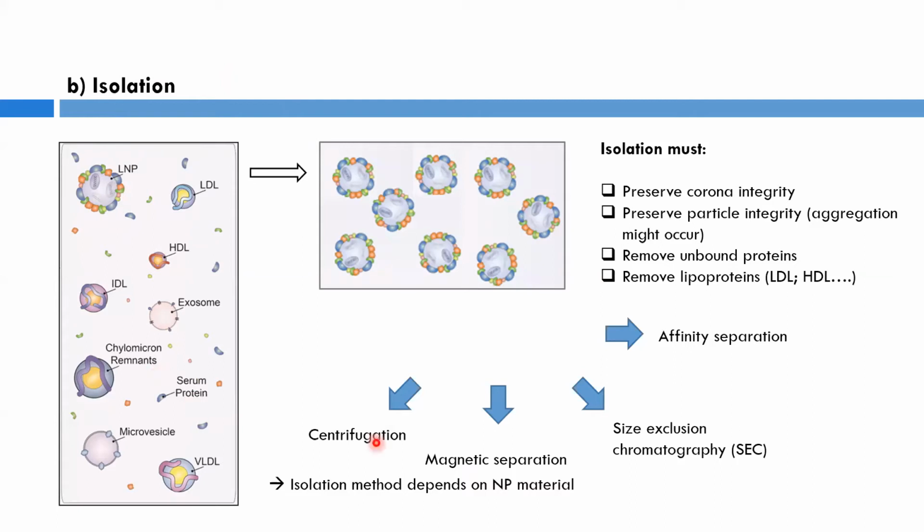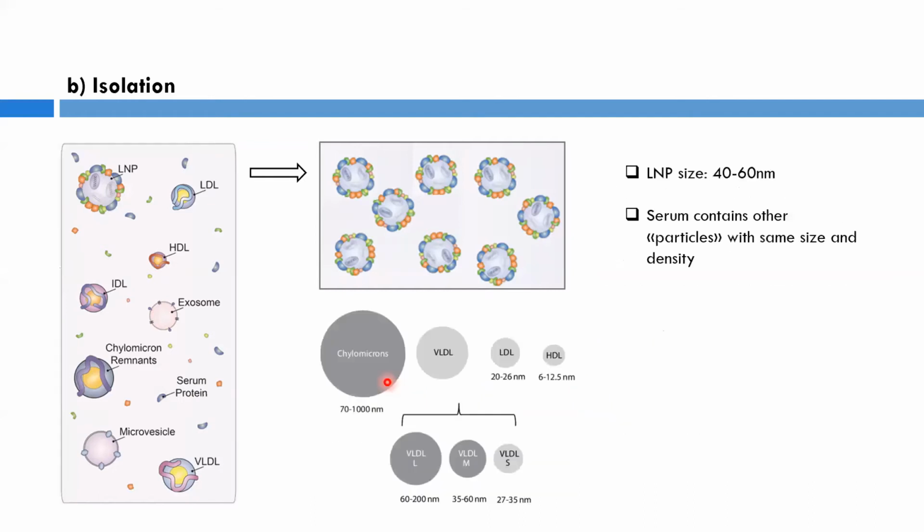There are several techniques that can accomplish that, and the choice of your technique depends on the material that you have. In the case of LNPs, this is particularly challenging since LNPs have the same size and density as natural nanoparticles, such as HDL, LDL, chylomicrons. And therefore, all those techniques that use size or density to separate particles are not suitable for LNPs.